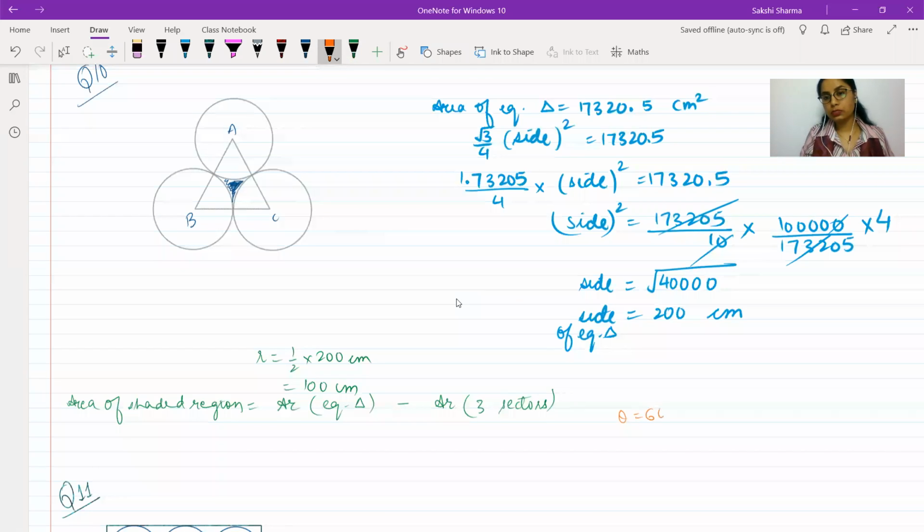So theta equals 60 degrees because it's an equilateral triangle. Each angle at the vertex will be 60 degrees. So this will be 3 times theta by 360 multiplied by pi r square. So you only need to solve this and then you can simplify.